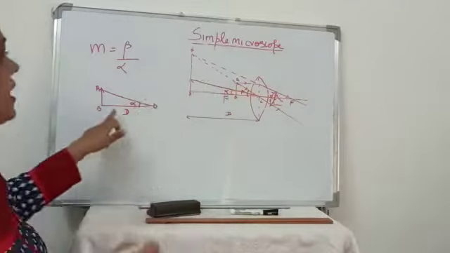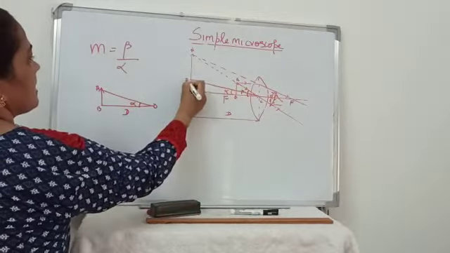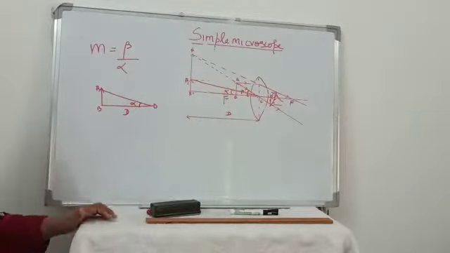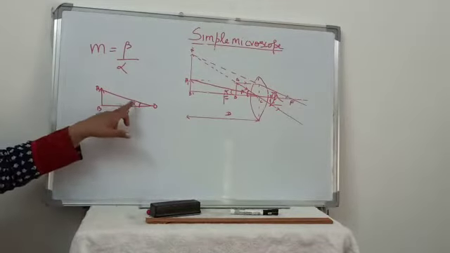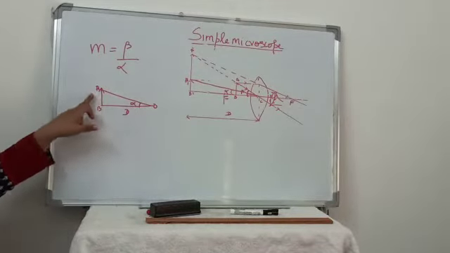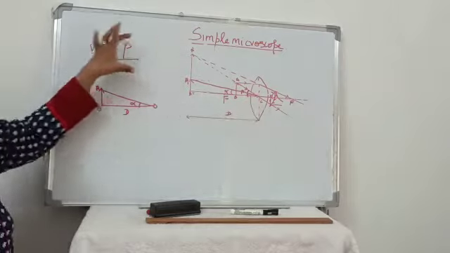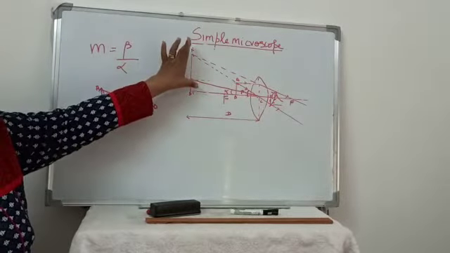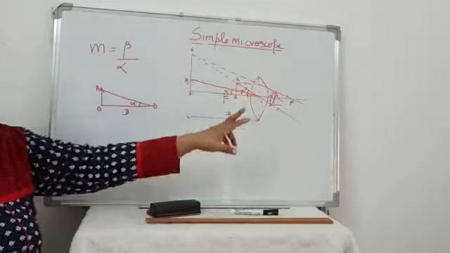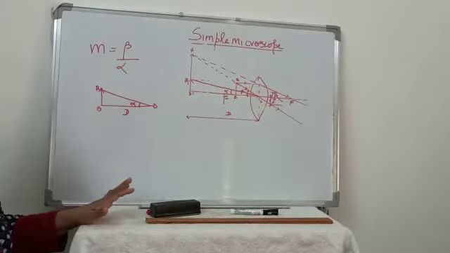Same thing as what I have drawn here. I'll mark this as A1. So alpha is the angle subtended by the object at the eye lens, and beta is the angle subtended by the image at the eye lens. So m is equal to beta by alpha.